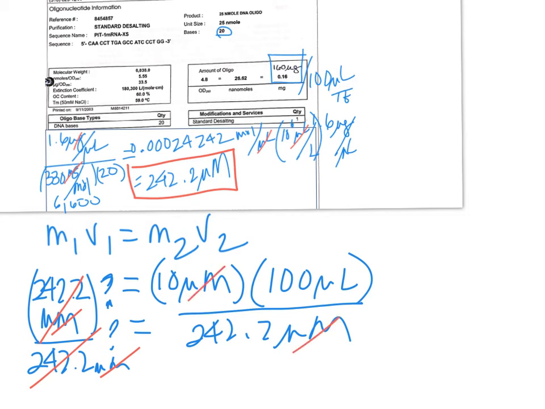We do that math on the calculator. Let's just do that little math, make sure we don't make any errors. Alrighty, so 1,000 on the top, 1,000 microliters. That guy stayed. 2.2 equals 4.13 microliters.